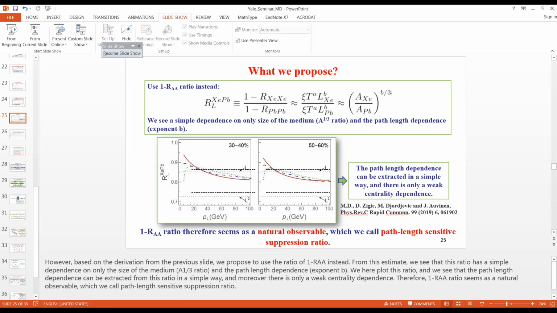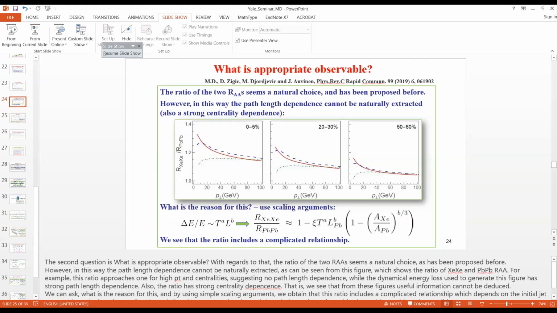If you calculate RAA at high PT, and you assume that delta E over E is T to the A and L to the B, and that this delta E over E is very small, then RAA is 1 minus delta E over E up to an n minus 2 factor, so up to some factor. So if delta E over E is small, you can write this as 1 minus some constant factor times delta E over E. And you want to get rid of this one.